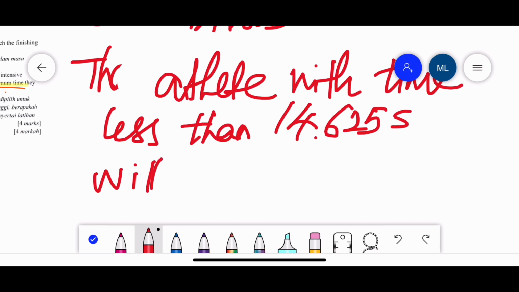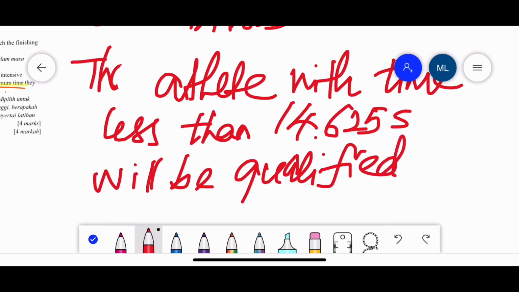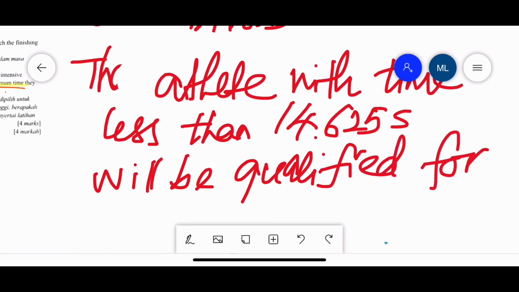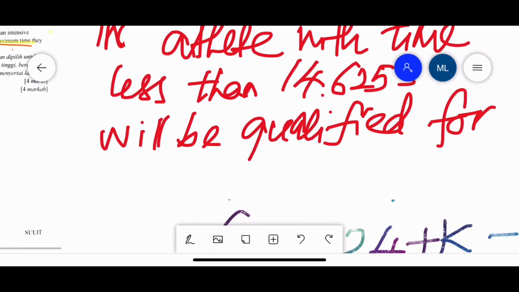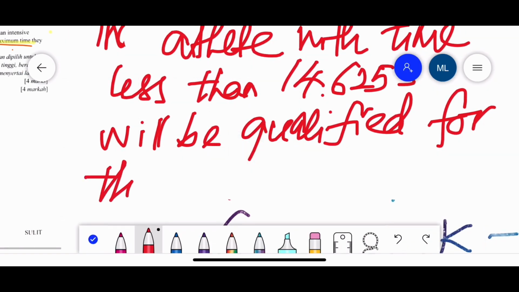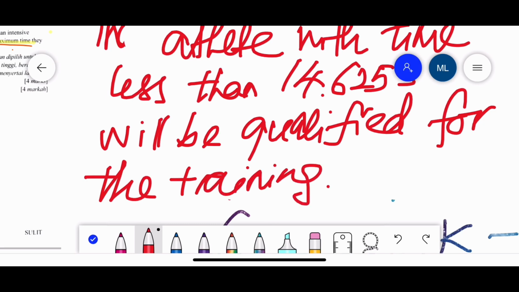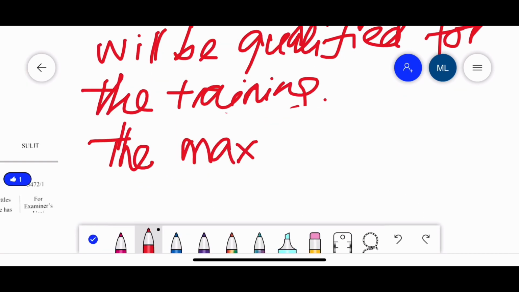So that is how you answer the HOTS question. You have to justify the answer by writing a sentence or a statement to support your working. So then you will say the athlete with time less than or equal to 14.625 will be qualified for the training program. Alright, that is how you solve the HOTS question involving statistics.